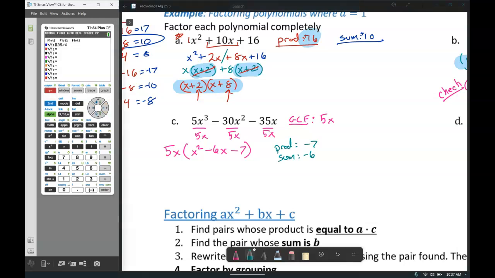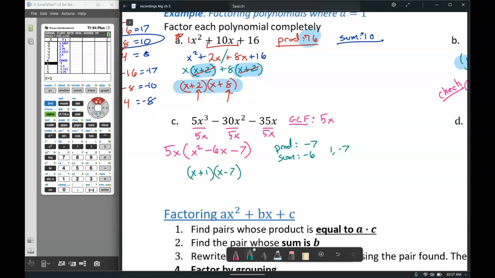We can look at our factor pairs. And in order to get a negative 6, we need a positive 1 and a negative 7. So we can use our shortcut, x plus 1, x minus 7. Now, something that happens a lot is our GCF often disappears. It needs to be included within our final answer. So don't lose your GCF along the way.